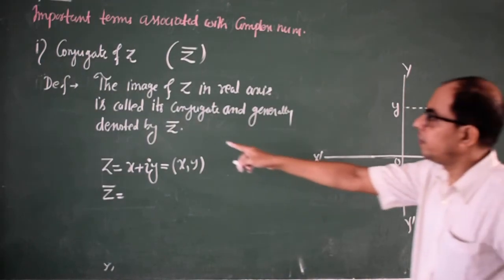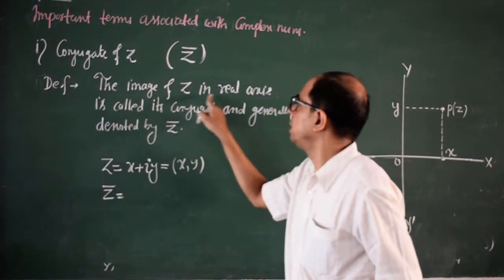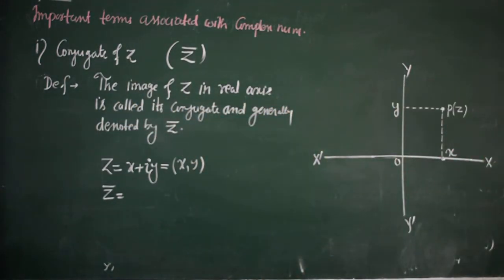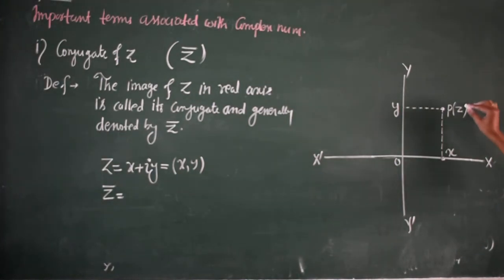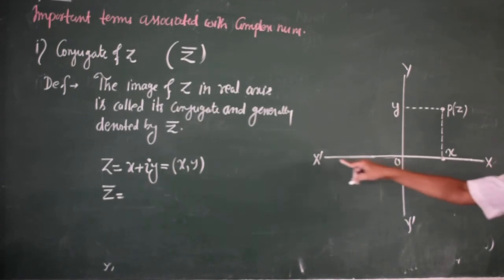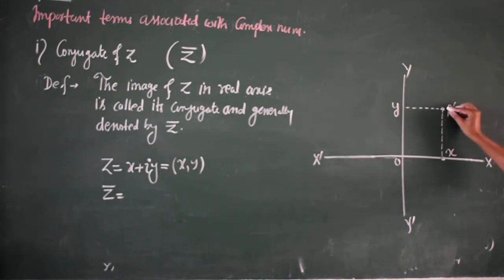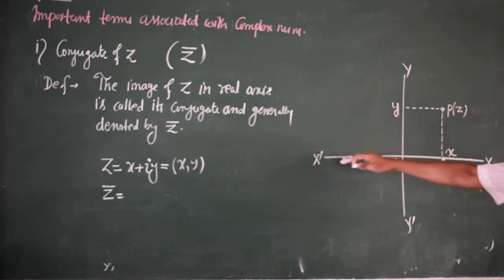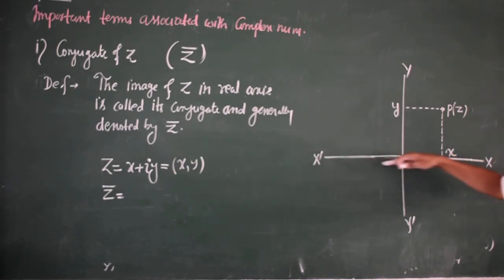Now according to the definition, we take the image of z in the real axis. The x-axis is called the real axis, so to take the image of point P in it, treat the x-axis as a mirror.